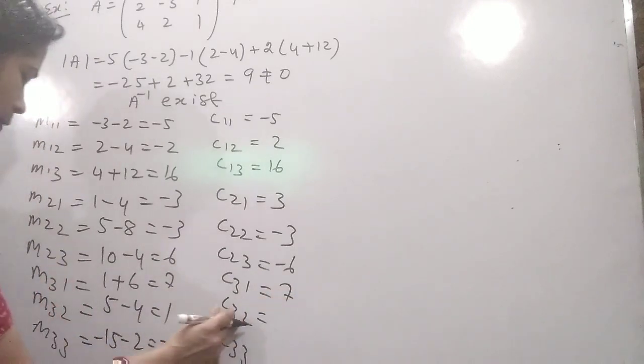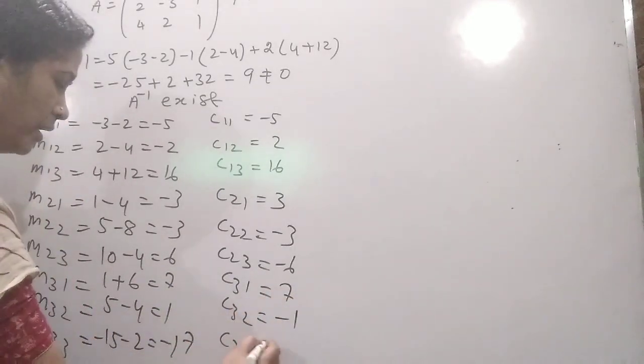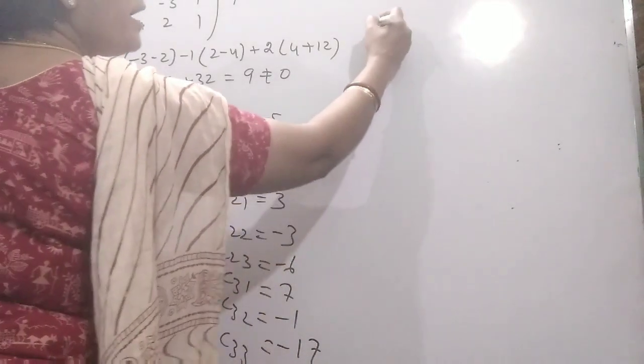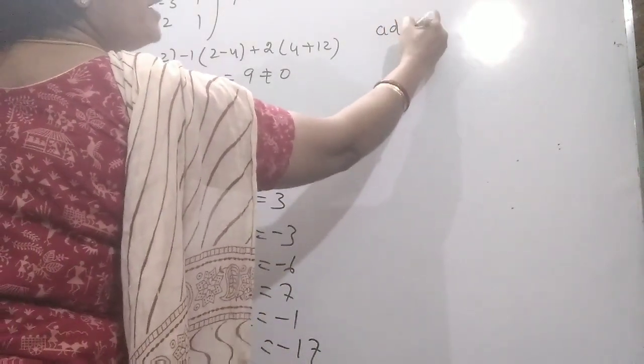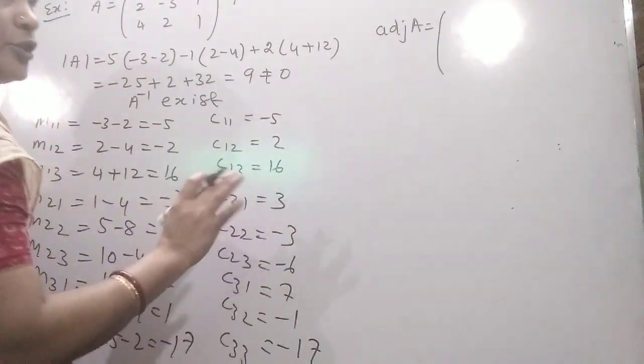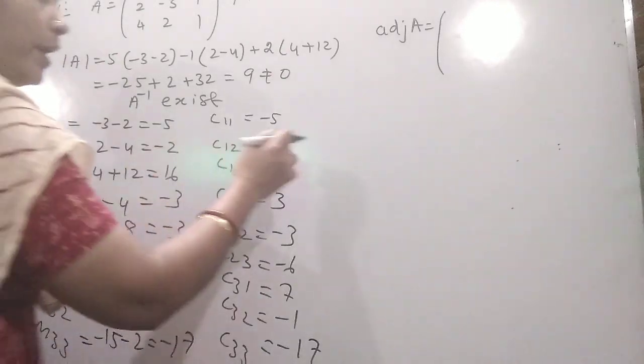That is 7; odd number, opposite sign, that is minus 1; even number, same sign, that is minus 17. Now we need adjoint of A. Directly I am finding adjoint of A without separately writing the cofactor and minor. Adjoint of A is equal to the transpose of the cofactor matrix.